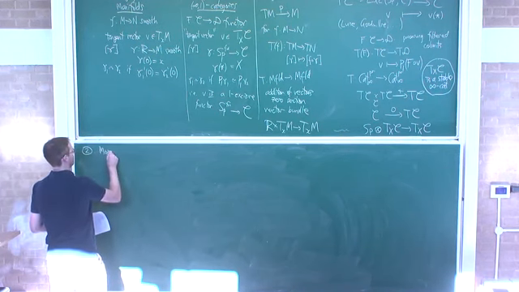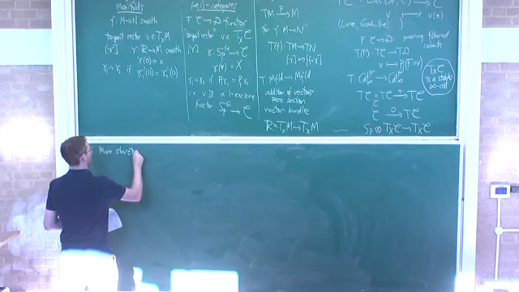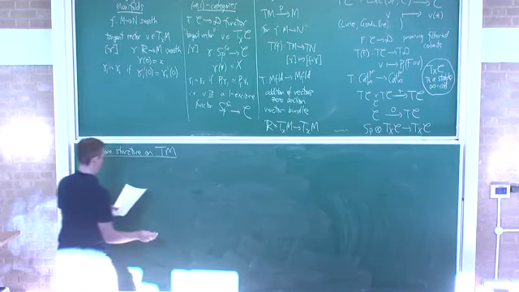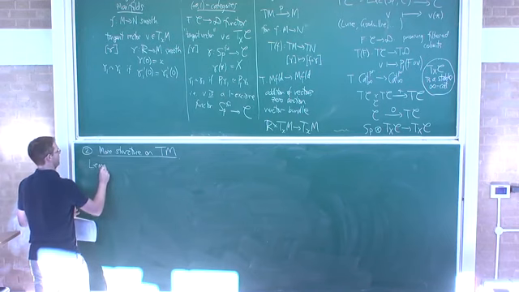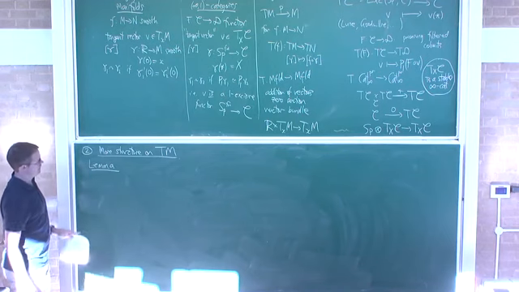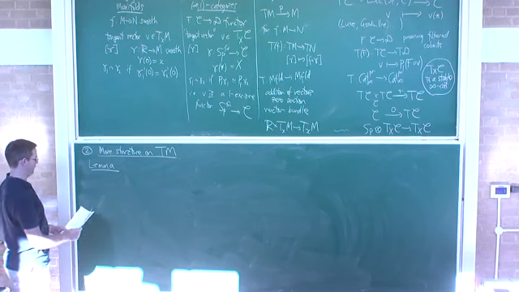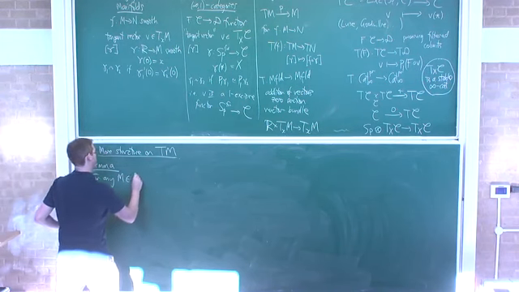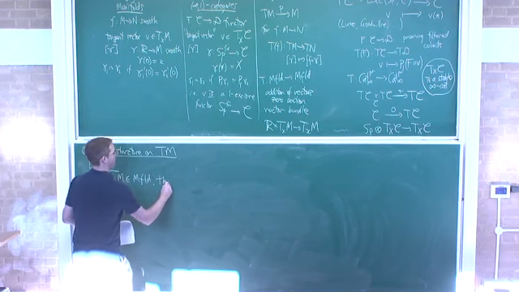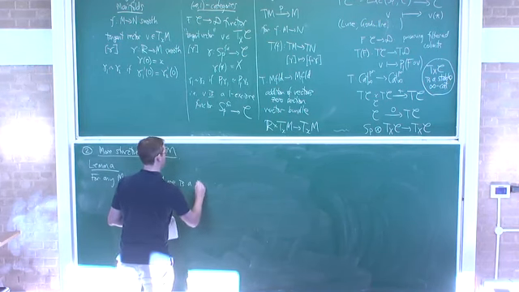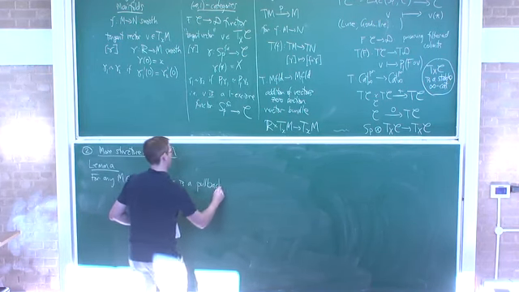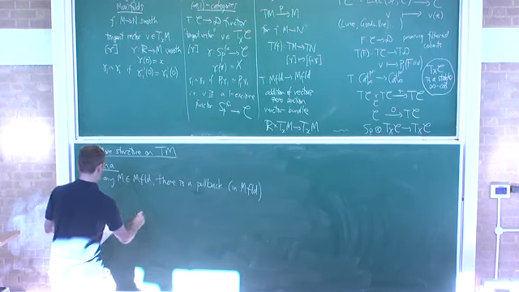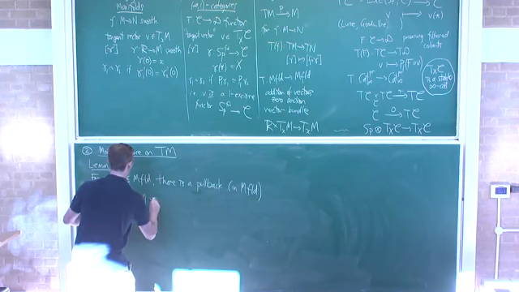So let me call this more structure on the tangent bundle of the manifold. And here is a lemma that will capture what this structure is. For any smooth manifold, there is a pullback square in the category of manifolds that looks as follows.